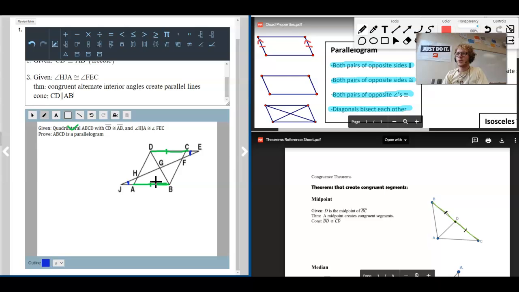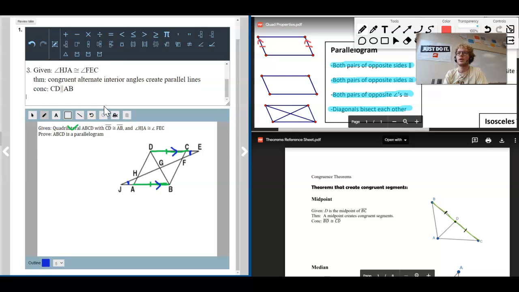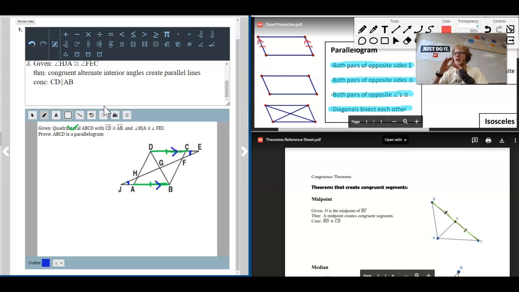But now we know that this is parallel to this. Cool. So up to this point, you should not necessarily know what to do, but you kind of have an idea. You should be familiar with freebies, and you should be familiar with alternate interior angles. So we've gotten a pair of sides that are opposite each other, congruent and parallel.